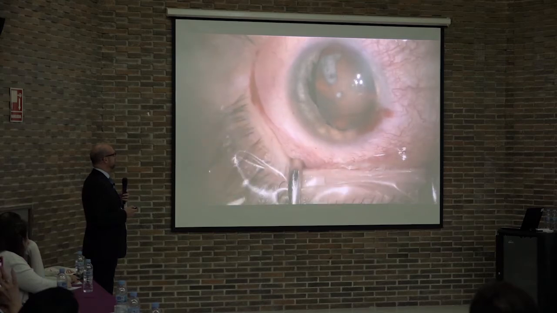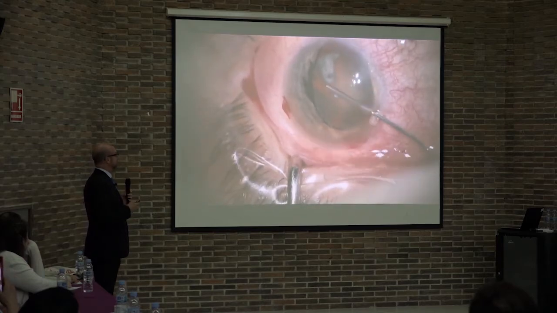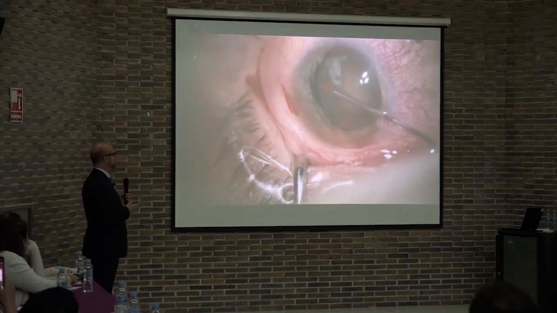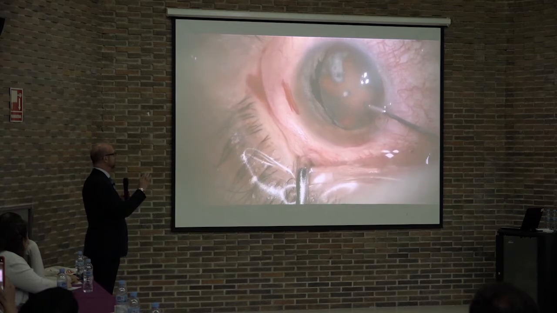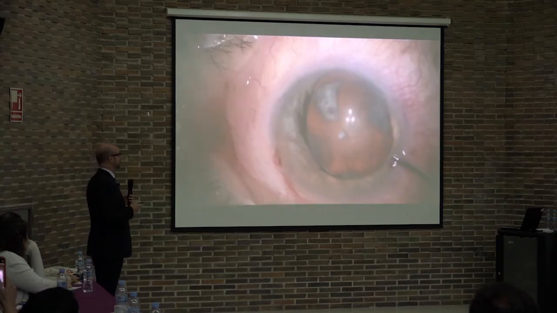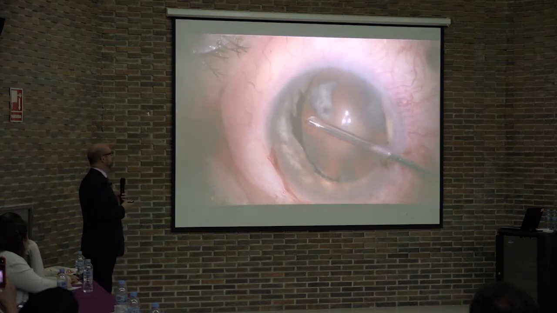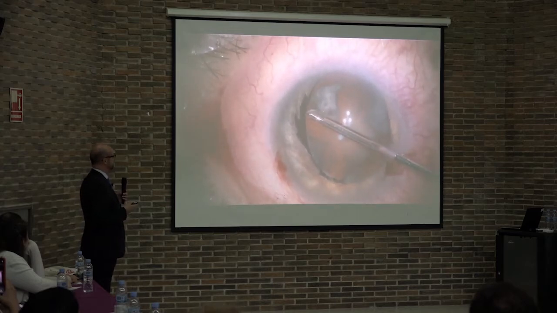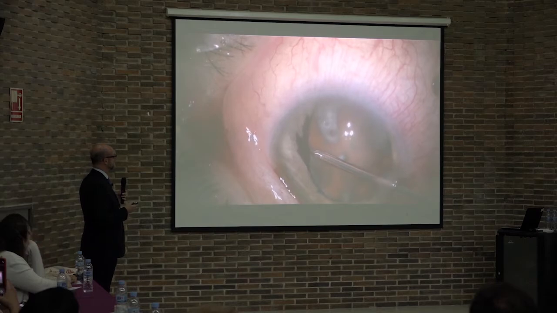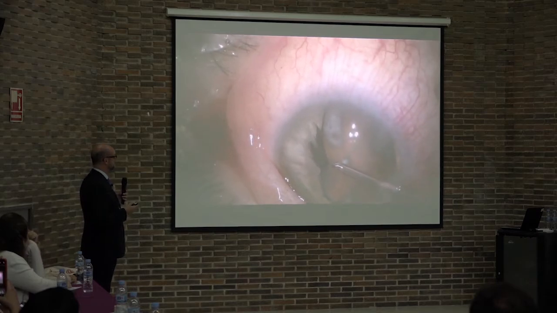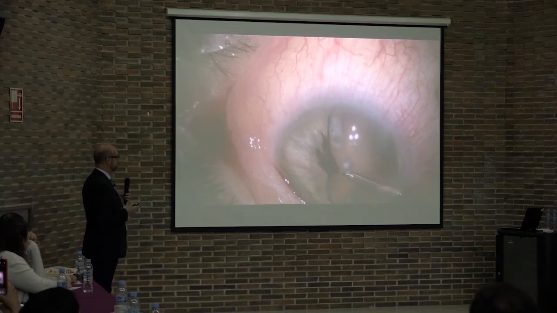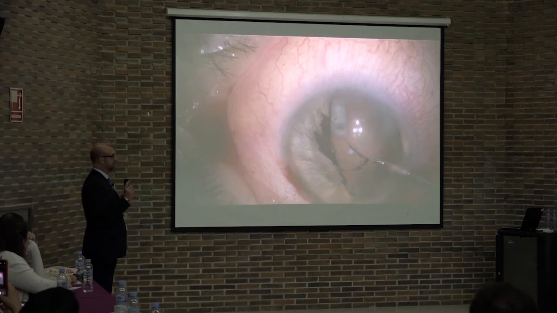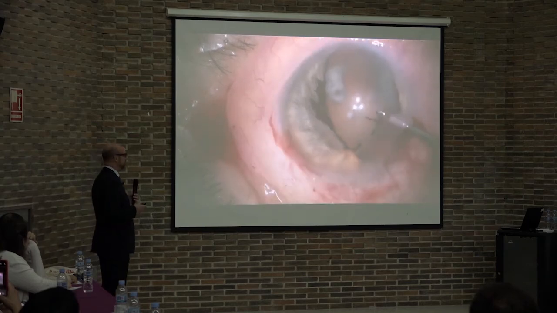It's very important to examine the zonular ligament, with the viscoelastic or by touching the lens, to see if there is any kind of zonular weakness. Then what we are going to do first is to remove this membrane, which is making the iris rigid. This is a small membrane which is attached and will allow us to make a suture of this tissue.